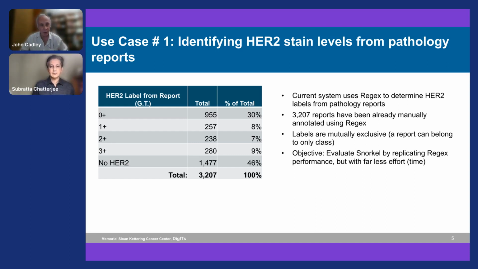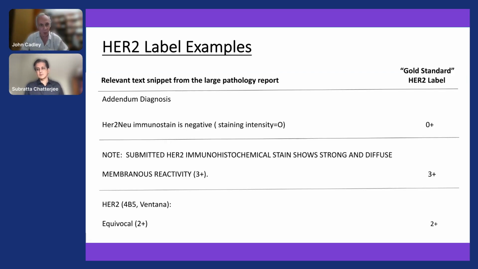This is an example of what the interior of the reports look like, just small parts of them. For example, in this first patient, here's how HER2 shows up. It's buried with NEU. The immunostain is negative. Negative is a synonym for 0 plus. Here in this particular report, they've also tried to show us that 0 is what they intend, except they typed in the capital letter O rather than 0.